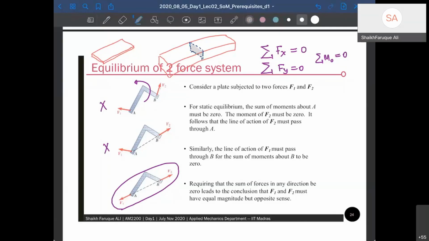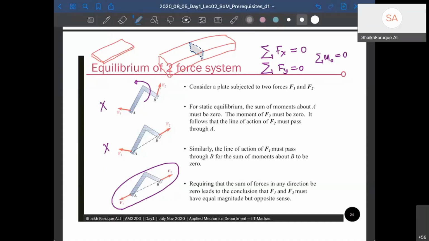For example, dams in civil engineering: you can take one cross section and assume it to be 2D. Similarly, long pipelines have a very large length and a very small cross section, so you can take only one cross section and do a 2D analysis on them. We will discuss more on this later in the course.